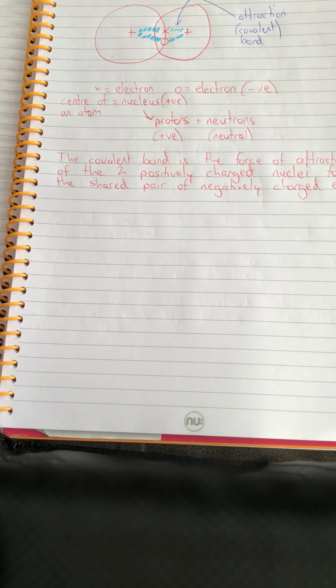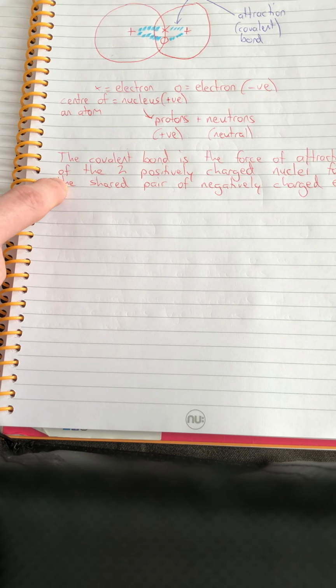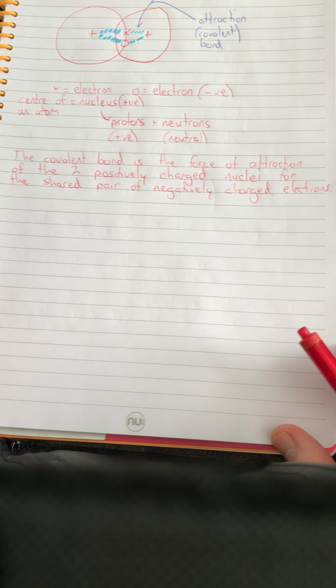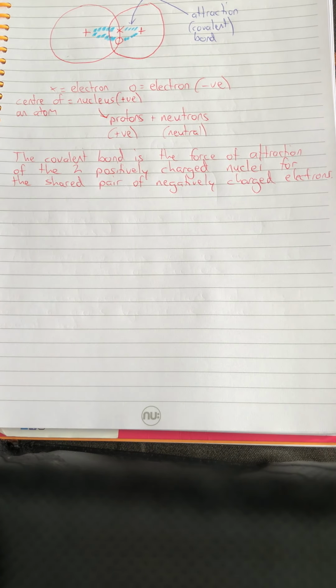You need to know that a covalent bond is all about that sharing of electrons. It's all about that attraction between the positive nuclei and the shared negatively charged pair of electrons. I'll just move that along so you can see it.